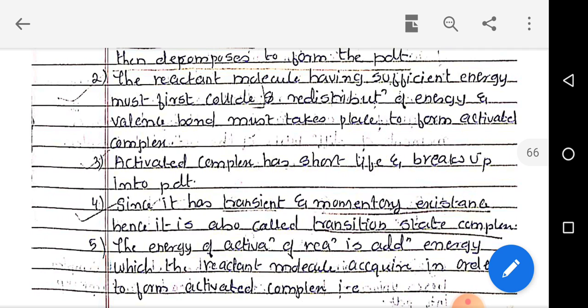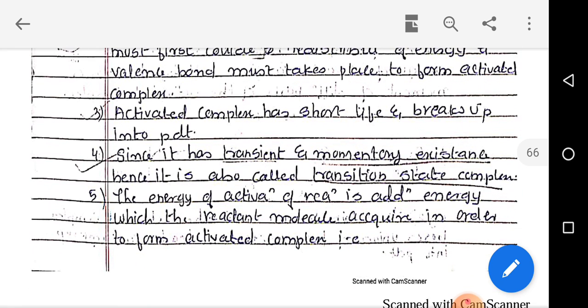While converting to the next step there must be the formation of a new bond or breaking of a bond, and energy is required for that. In the transition state, during activated complex formation, the molecules need the required energy so that they can form a bond or break a bond. This is an important condition for each reactant molecule.